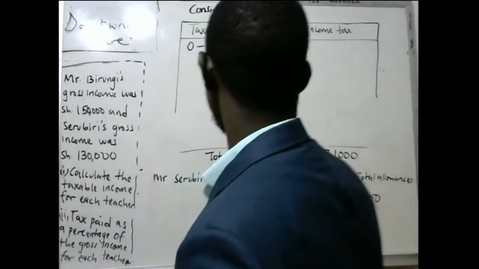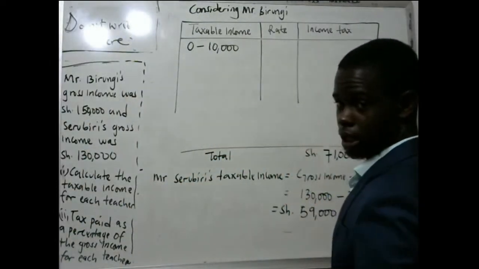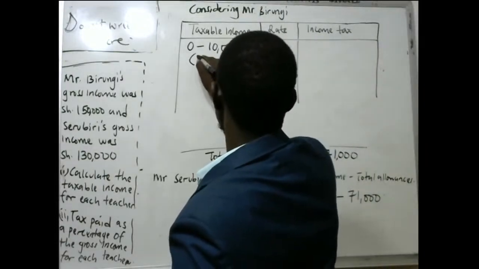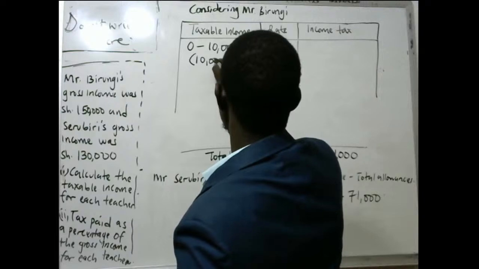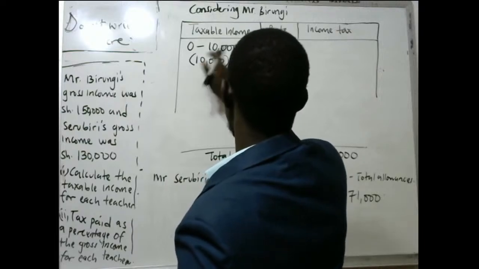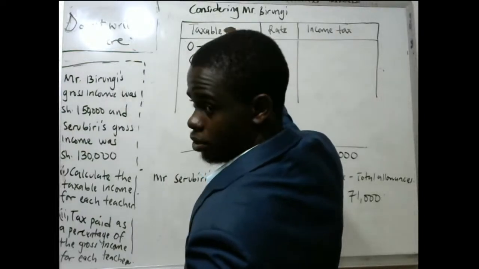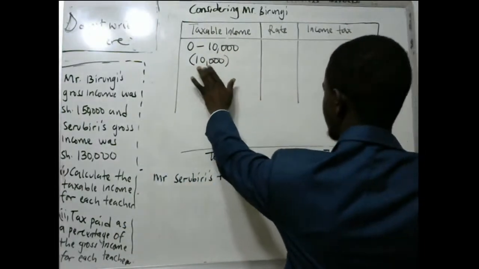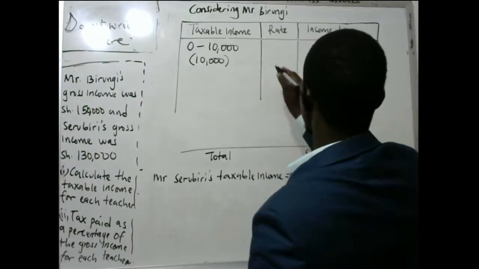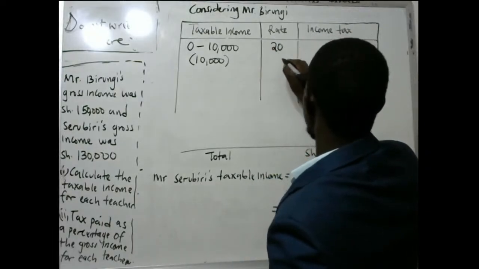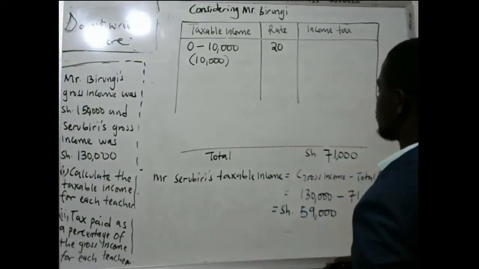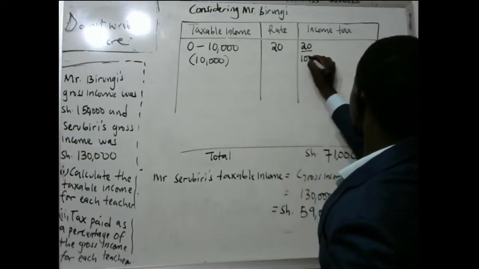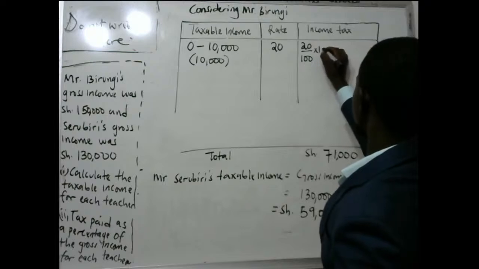The tax is 20 what? Percent. Okay? If you want to subtract this minus this, as I told you, if there is a 0, you subtract from this, and if it is a 1, you also subtract from the 0 that is up. You're not supposed to have 9999, you should have that figure with zeros. This is 20%, and 20% of this is 20 over 100 times 10,000.